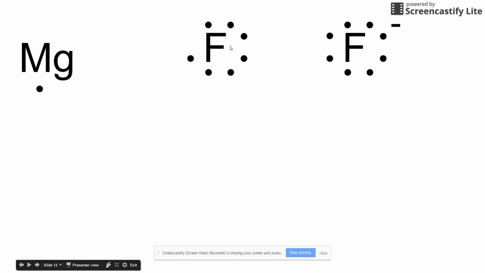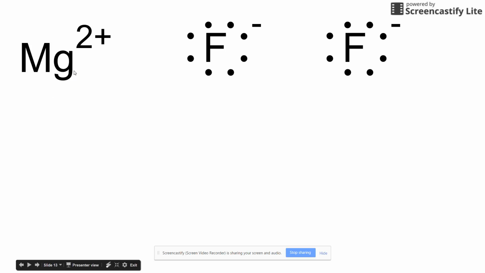And then there's another fluorine that picks up the other electron. Magnesium gave up 2 electrons, and so it'll have more protons than electrons.